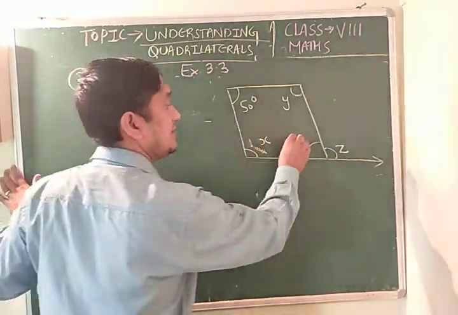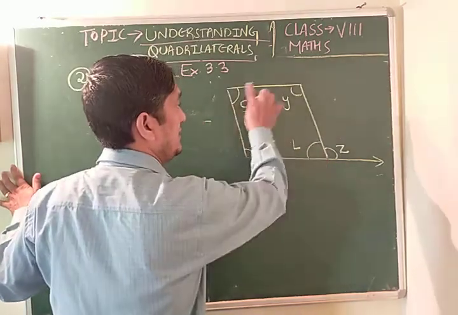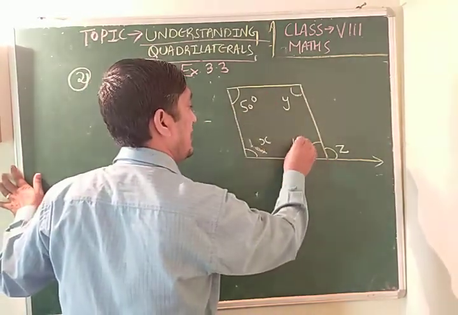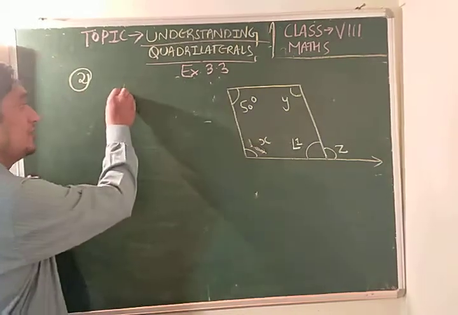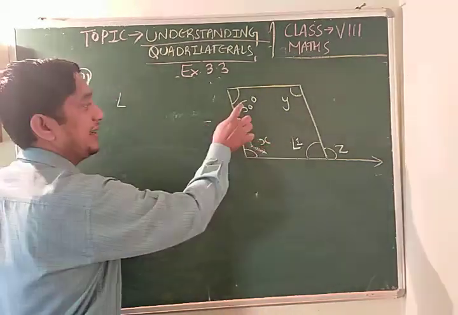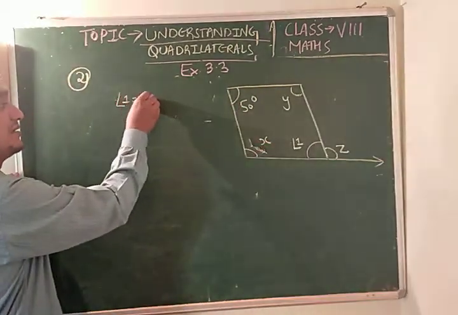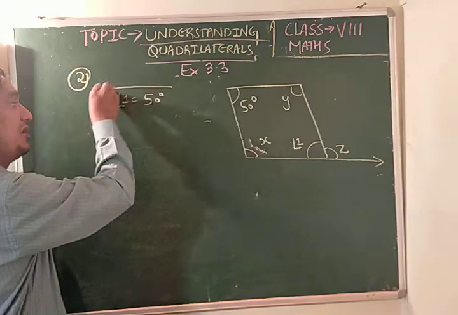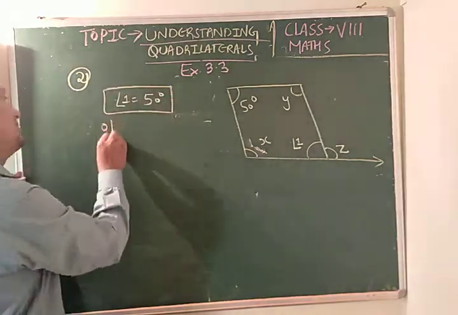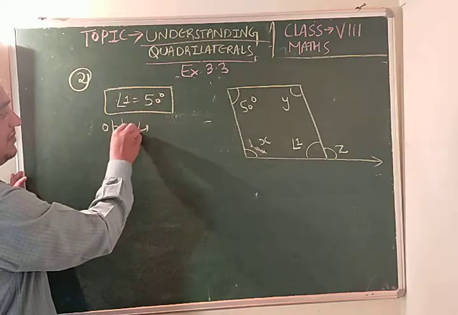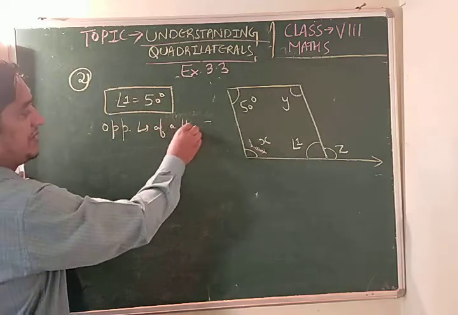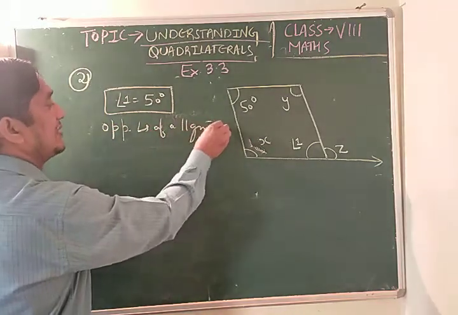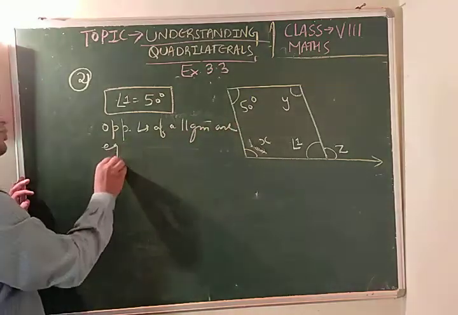So children, let the fourth interior angle of this parallelogram be angle 1. Now the relation between angle 1 and this 50 degree angle is that angle 1 is 50 degree because opposite angles of a parallelogram are equal.